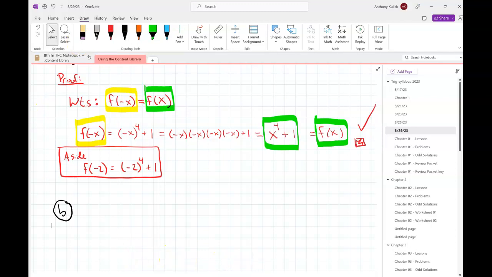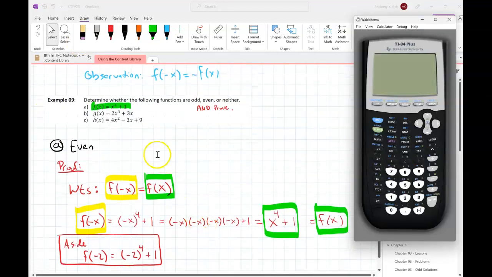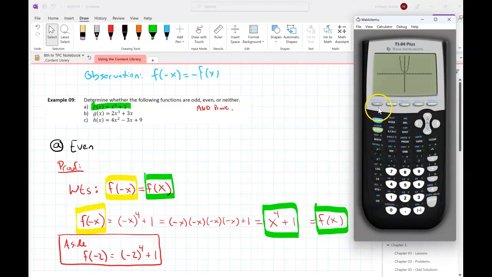Let's do part B now. So again, we're going to start the same way. We'll start by graphing this on our calculator. So 2x to the 3rd plus 3x.